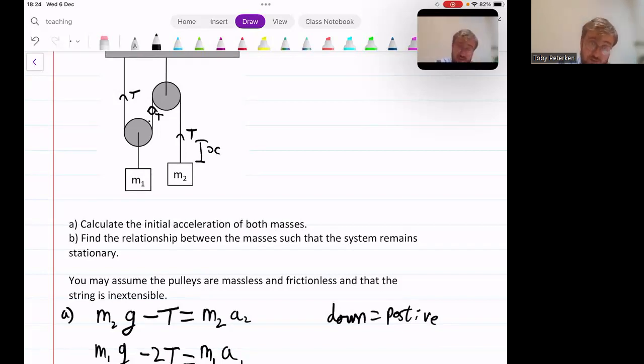It's only a fixed length of rope. And this would move down x over 2, such that when you add up the amount the cord or the string has increased either side of the pulley that m1 is attached to, that extra length must equal the distance m2 has moved.